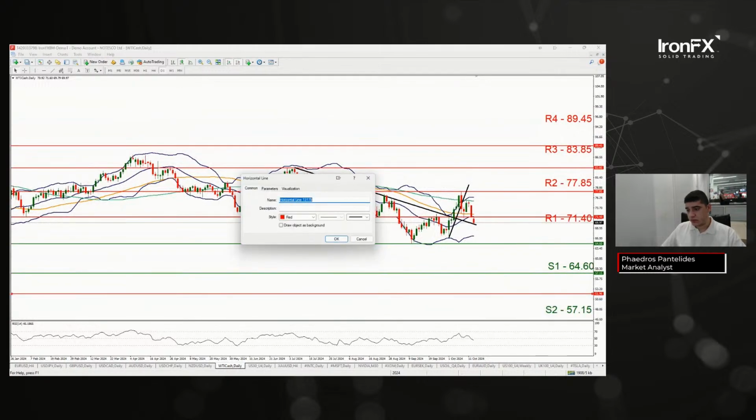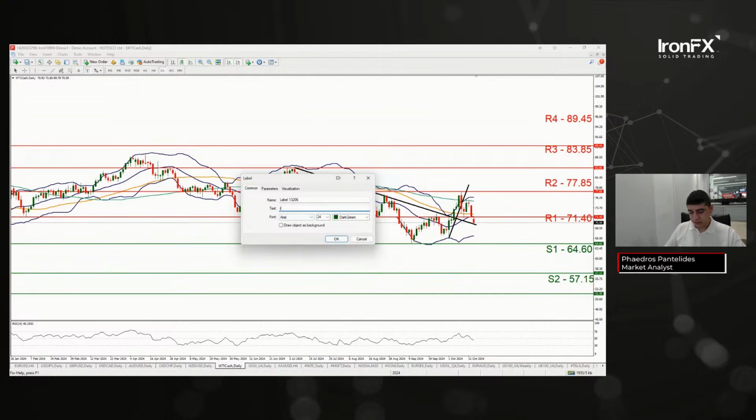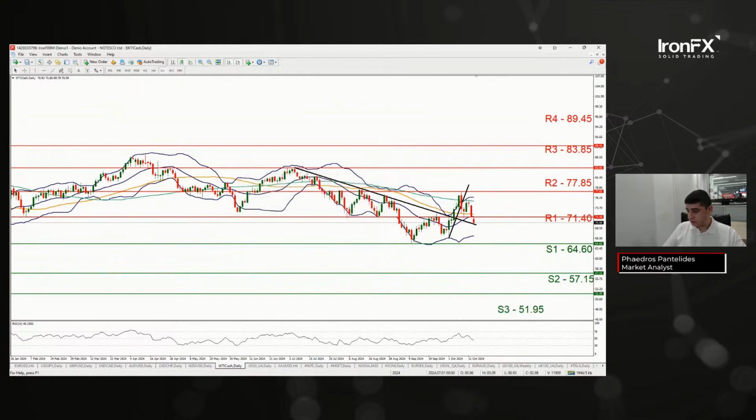A bit close to that S2, but that's okay. 51.95. So that is my S3 support level.